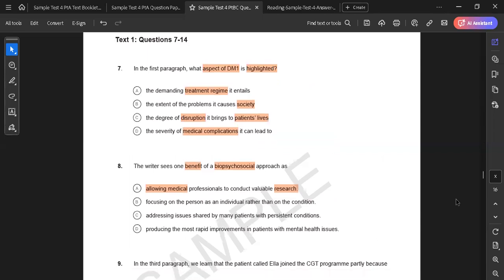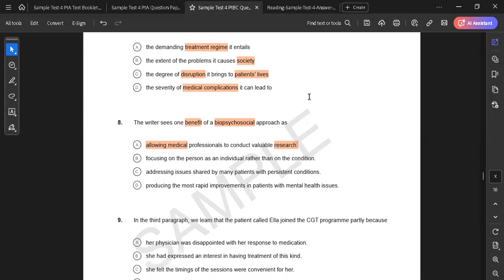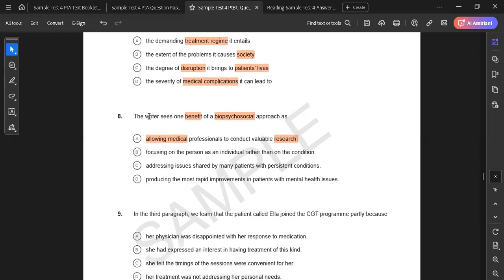So as you see, some questions are about the information related to the text. Some questions are about writer's opinion. This is writer opinion, right? I just want to clear your concept.